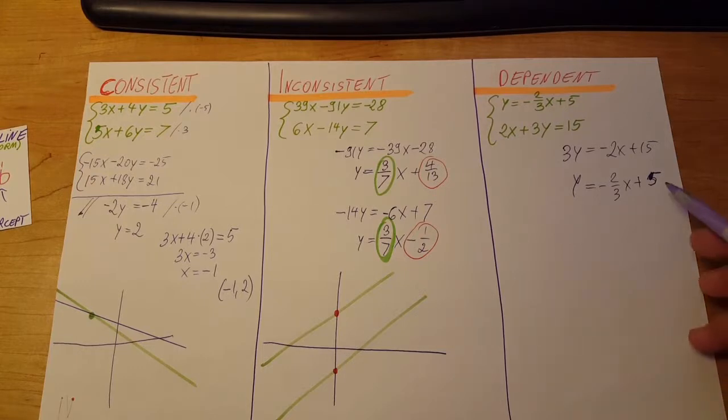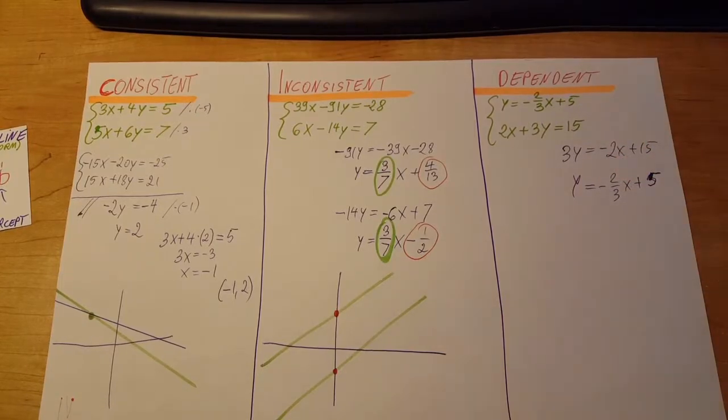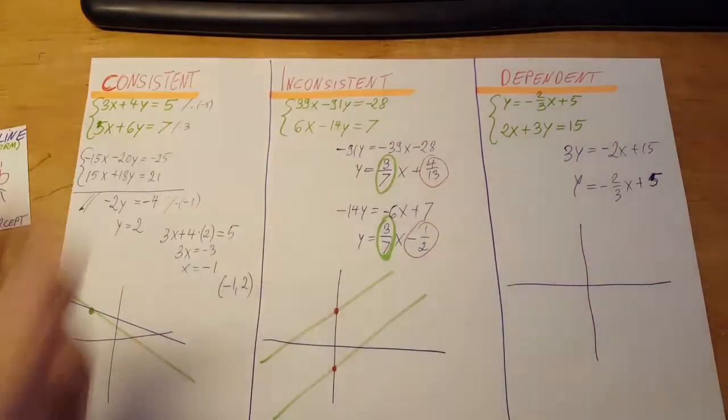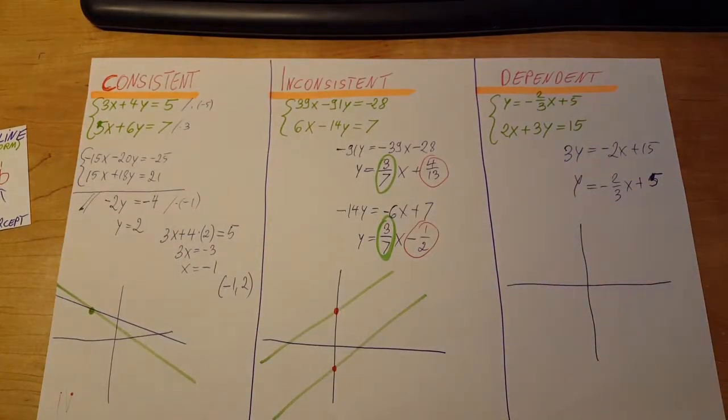Now, if we look at these two, we can see that the two equations are exactly the same. So this means that this equation and this equation are exactly the same line. So if we would graph these two, it would look something like this.